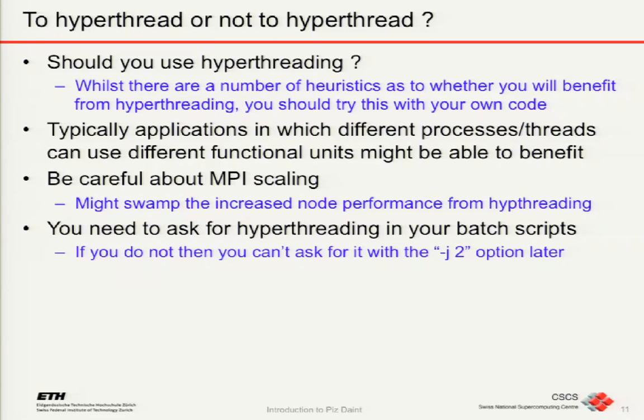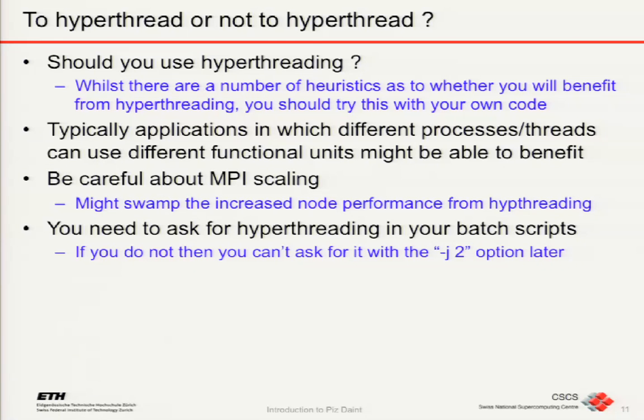So I mentioned hyperthreading with the -j option or the ntasks per core, and the question then is, should you use it? So there are some heuristics that we can start to throw in about whether or not this might be a good idea. We can go back even in time and see what other applications look like on previous machines using symmetric multi-threading or hyperthreading.